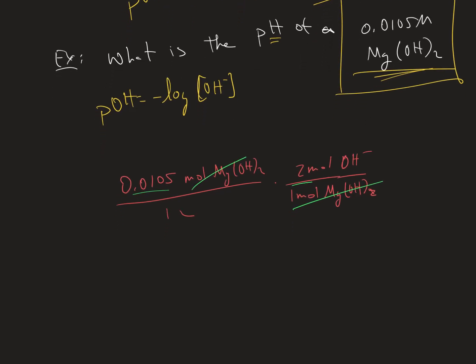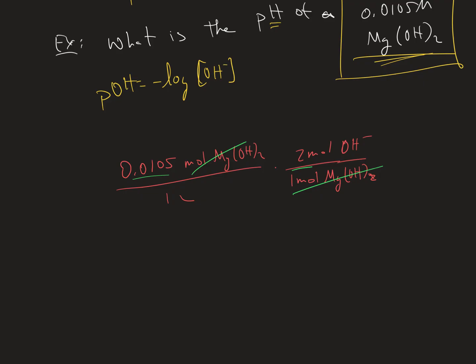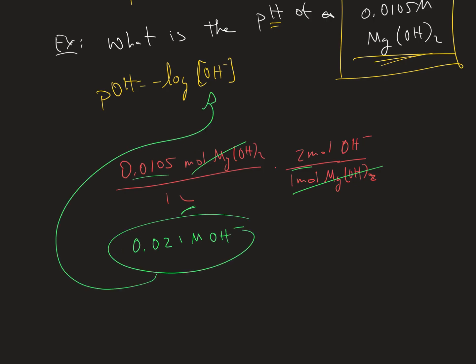And that's our hydroxide ion concentration because we still have moles per liter. So that's going to be 0.021. Is that right? Molar concentration of hydroxide. Now we can plug this in here.